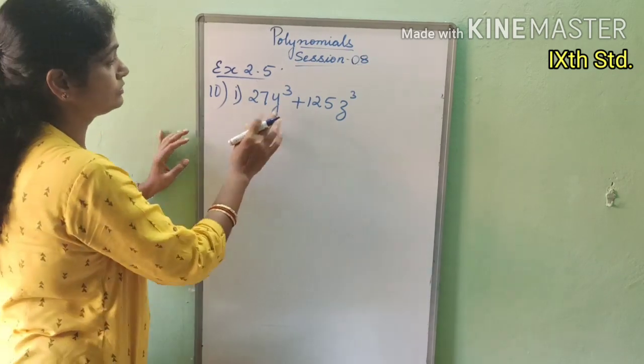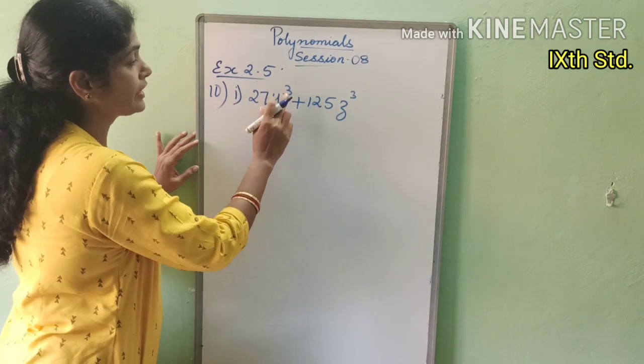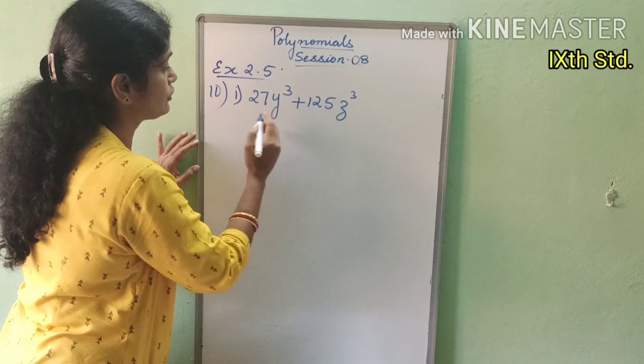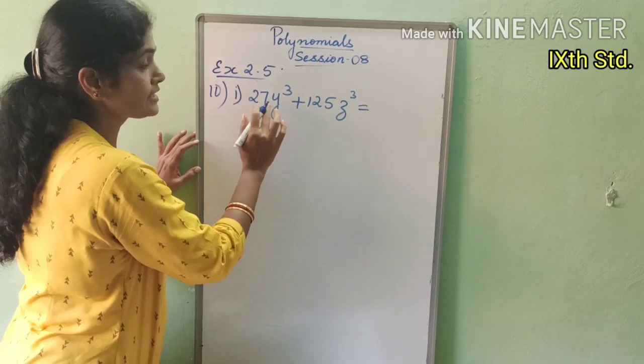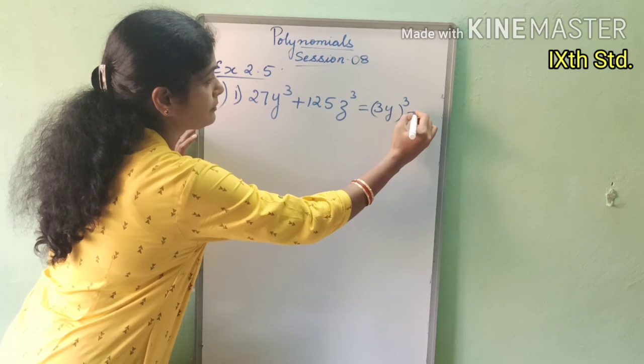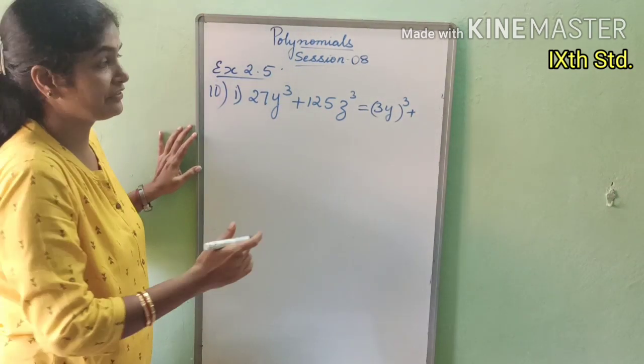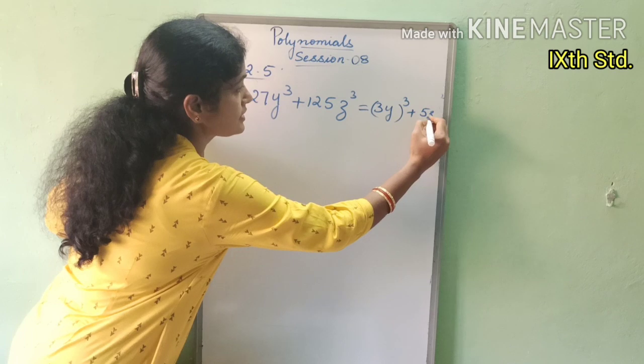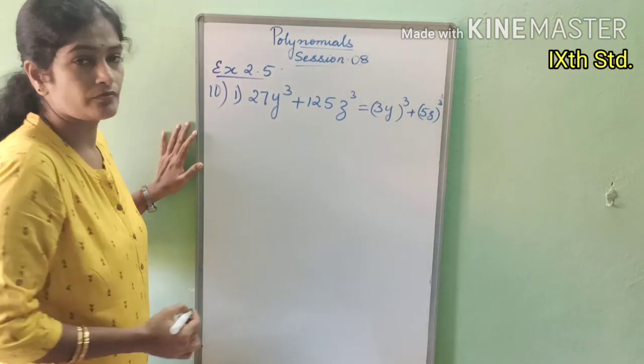How can we write this? 27y cube we can write as 3y whole cube plus cube root of 125 is 5, so 5z whole cube.